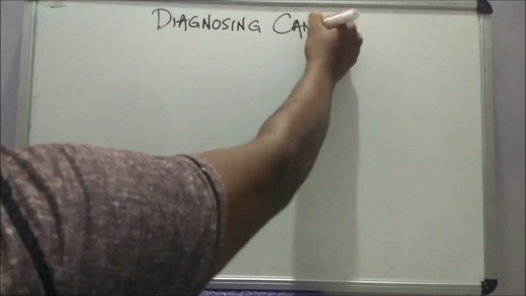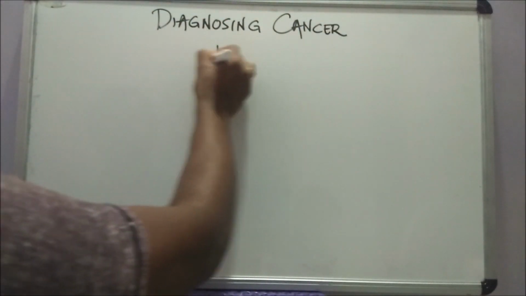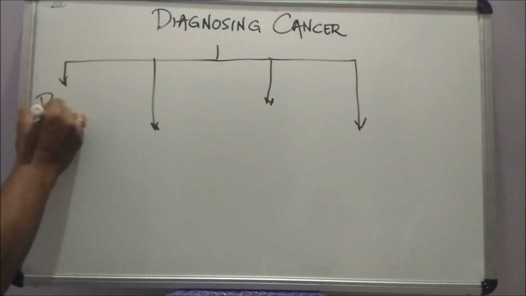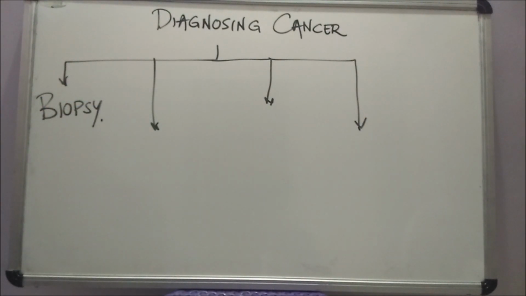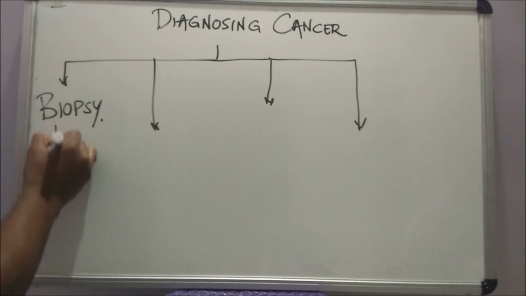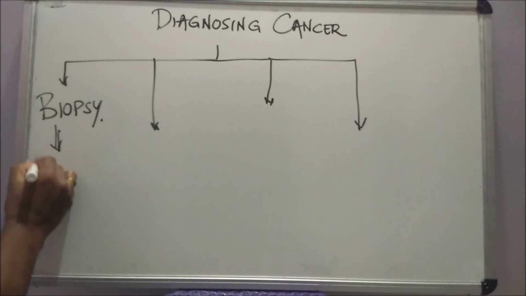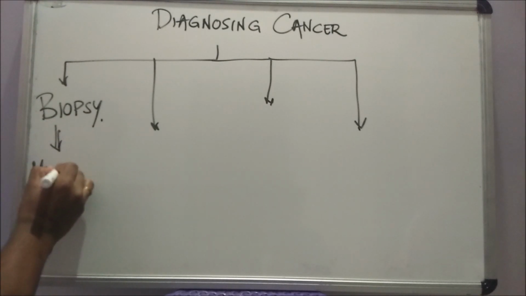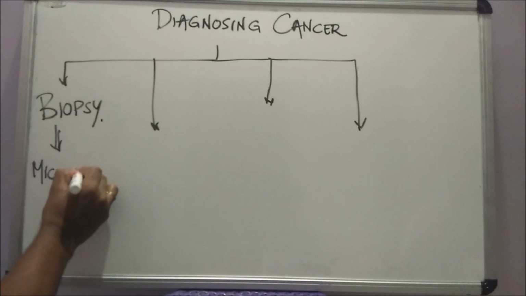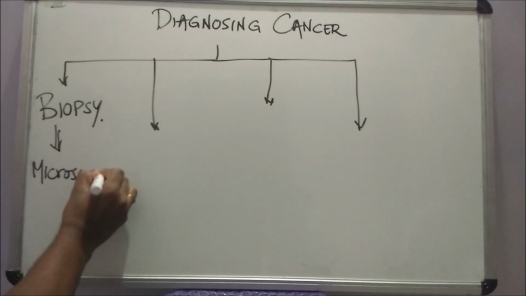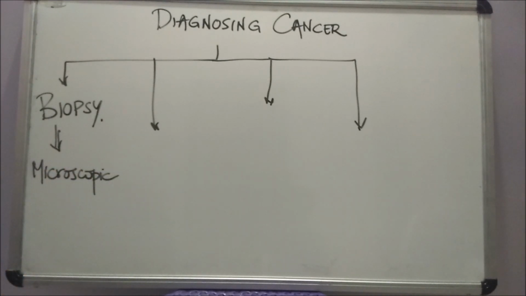Now, let's learn about how to diagnose these cancers. There are two methods, biopsy and histopathological studies, where in a biopsy the suspected tissue is cut into thin sections and examined microscopically. Then we have another method called radiography.